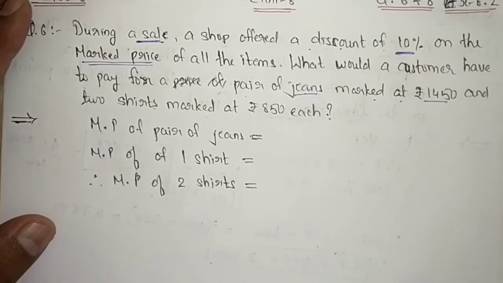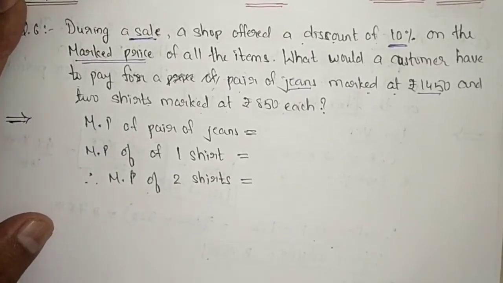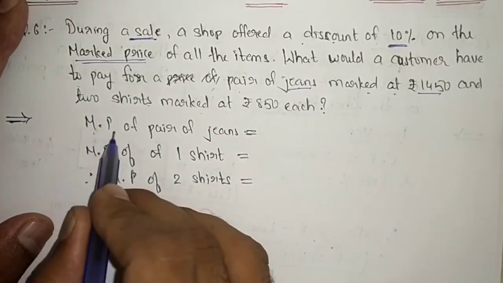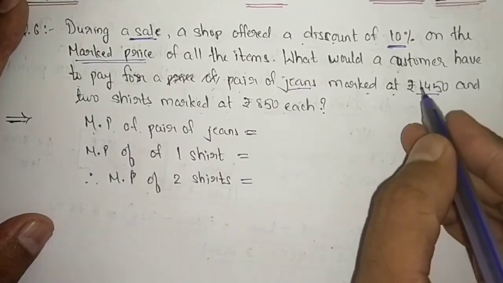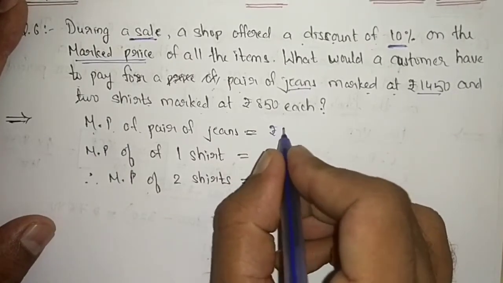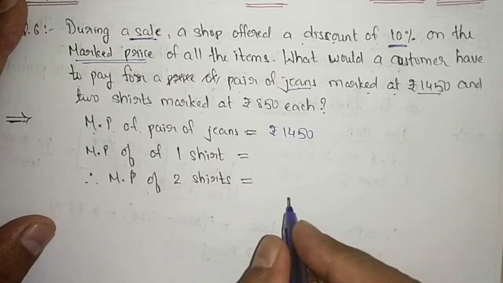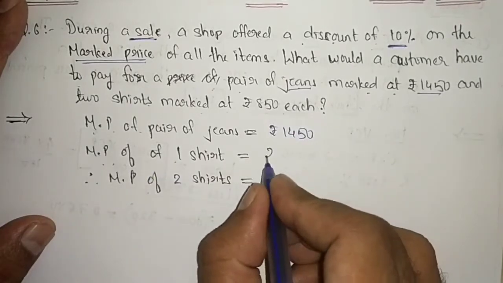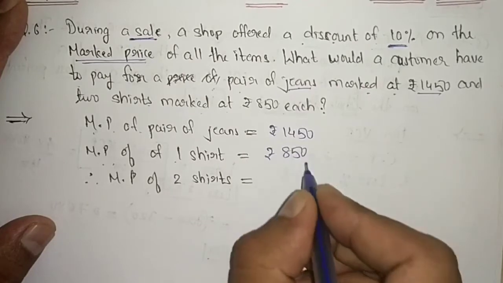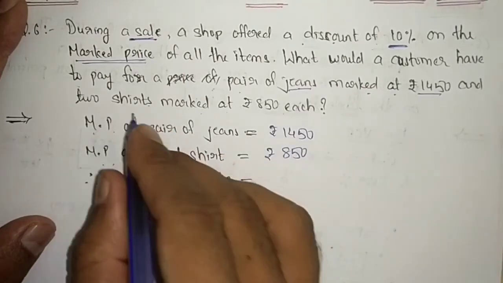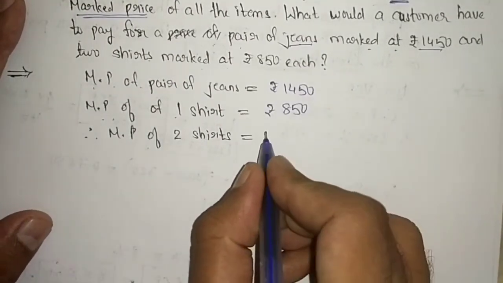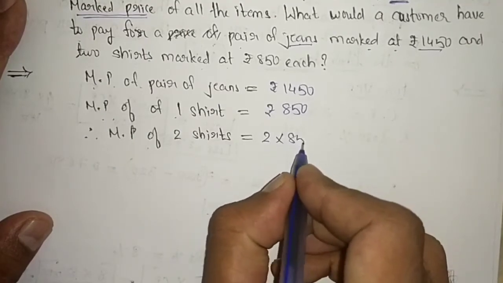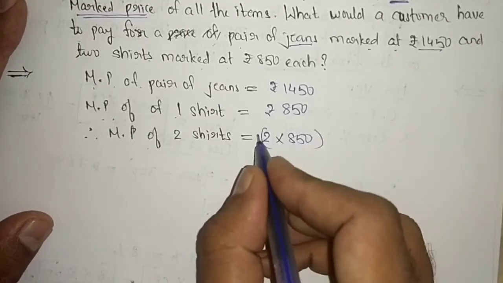So let us start. Whatever they have given, I am writing. Marked price of a pair of jeans is rupees 1450. Marked price of one shirt is equal to rupees 850. So what will it be for two shirts? For two shirts, we will multiply 2 into 850.